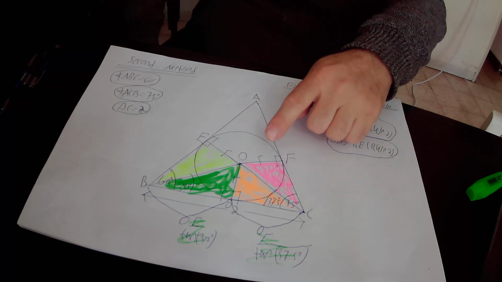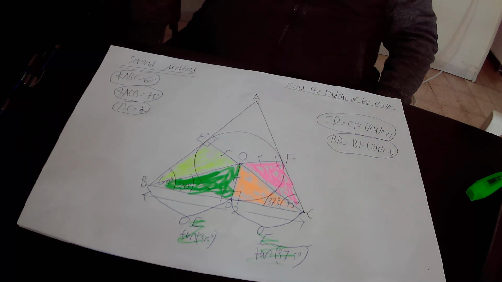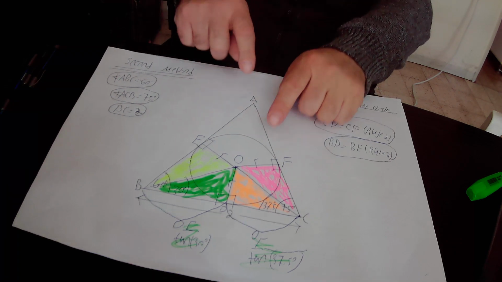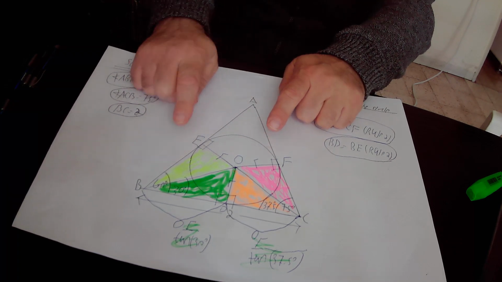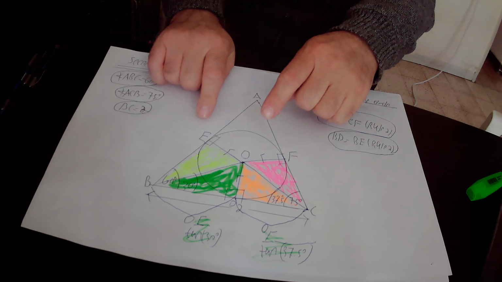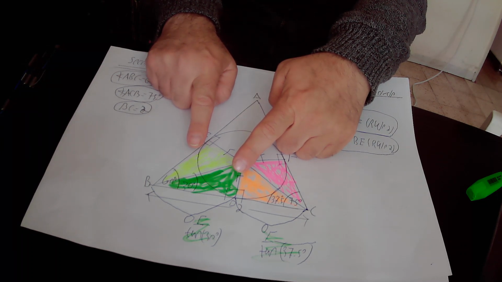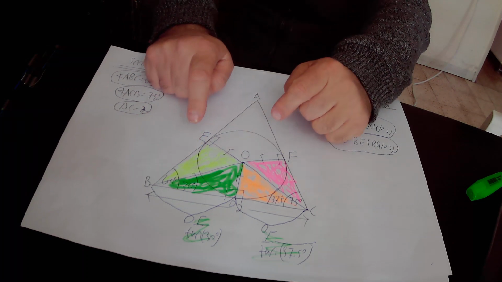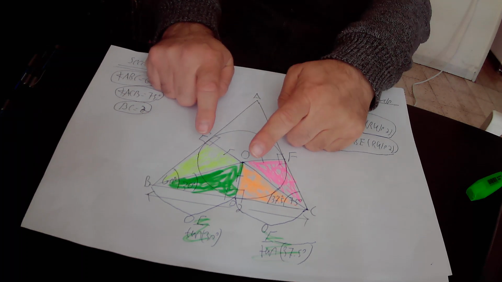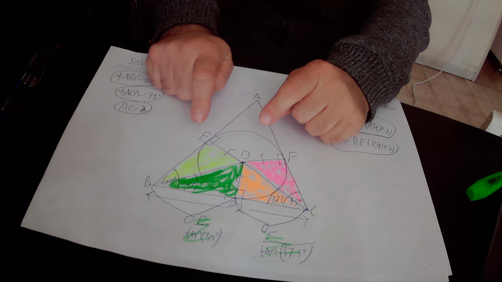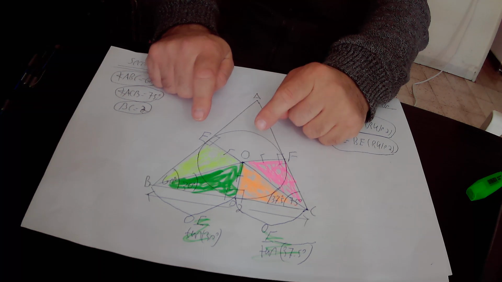Then we join points O and C together by a straight line, and we also join points O and B together by a straight line. Then we prove that the yellow triangle is congruent to the green triangle according to the side rule. Why are those two right triangles congruent to each other? I'll repeat the proof quickly.